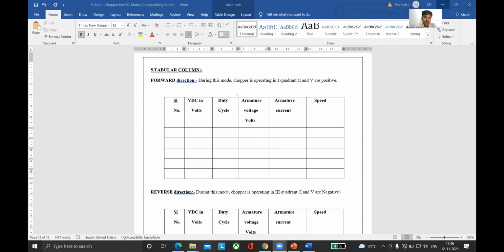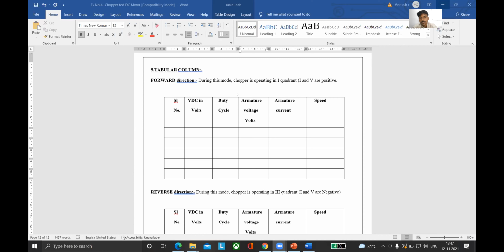And the duty cycle. This duty cycle can be noted on the DSO, meaning on time and off time. Take the on time, take the off time, and calculate using the duty cycle formula, delta equal to T on upon capital T. So we can measure the duty cycle.